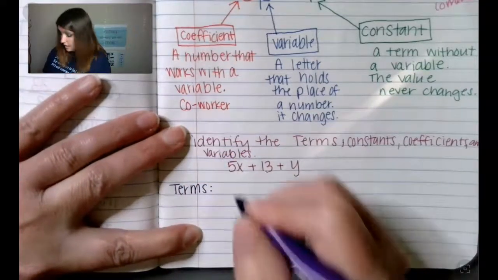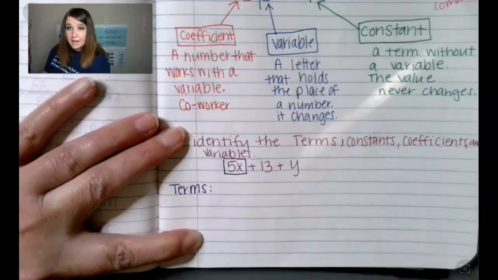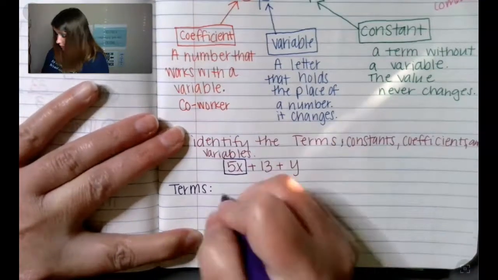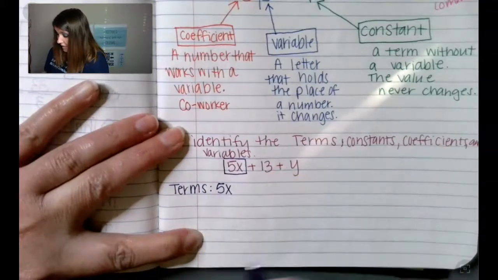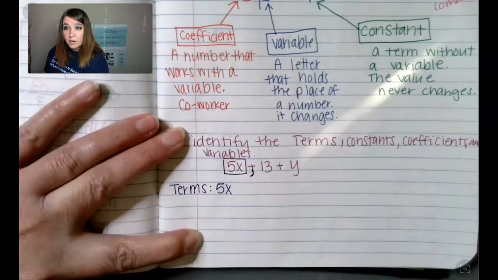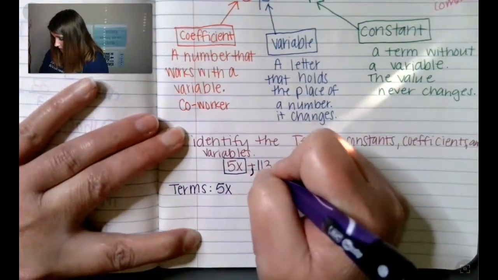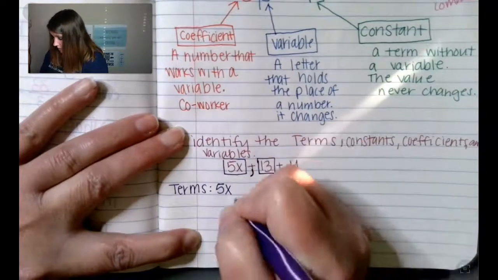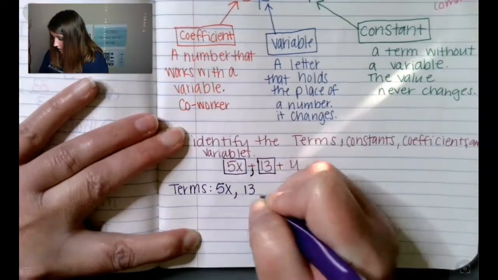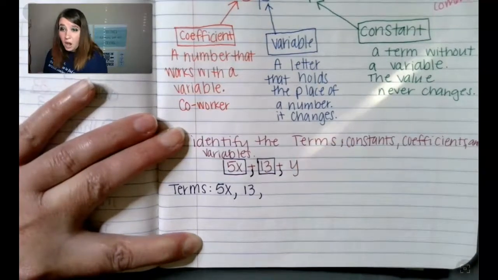the terms. This whole thing stuck together, that is a term. So 5x, that's a term. It's separated by the operation that makes a comma. This 13 is a term. That one is a term. It's separated by the operation that makes a comma.